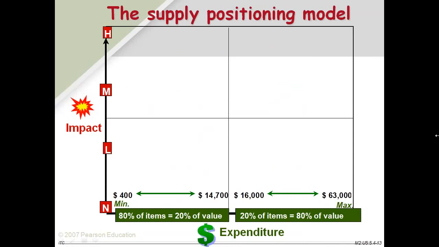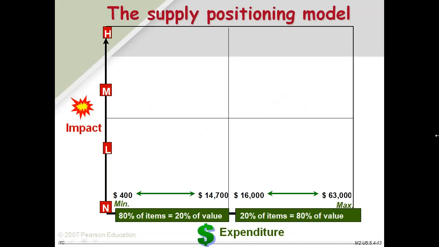The same approach was taken up by Peter Kraljic. He said every procurement is not the same. Every procurement needs a different approach. So he didn't look only at the expenditure part of 80-20, he also looked at the impact part. By looking at the impact and the expenditure, he came up with a 2x2 matrix and tried to work out which item falls into which bucket. Is it a bottleneck item?